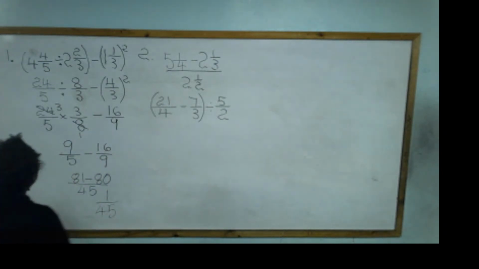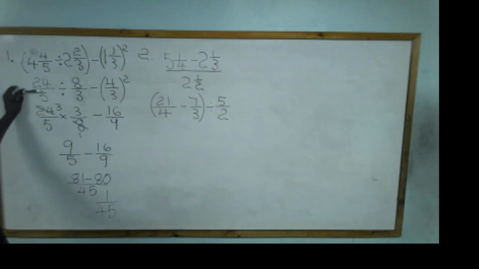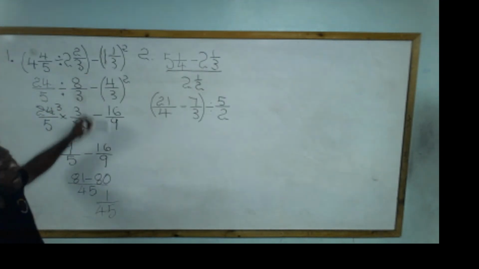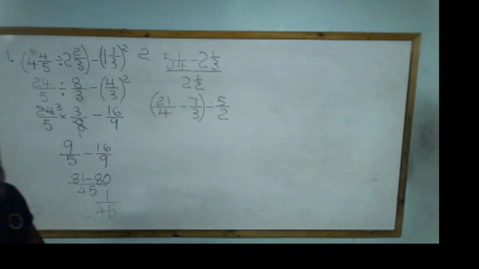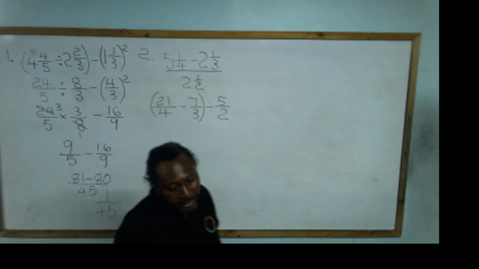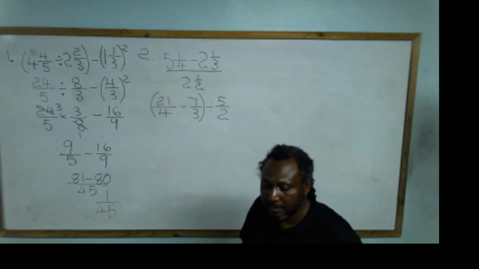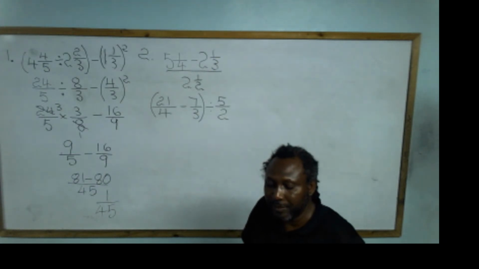Now, what I've done for this first step is I've converted all of these numbers, mixed numbers, to improper fractions. I've converted all of those to improper fractions. Do you understand that? How to convert those to improper fractions?